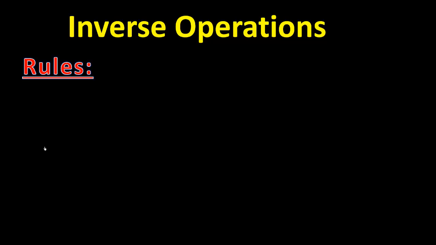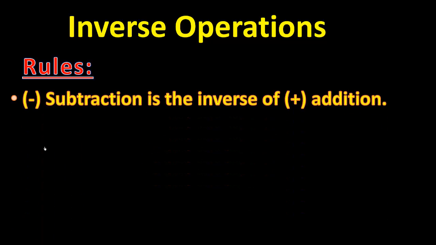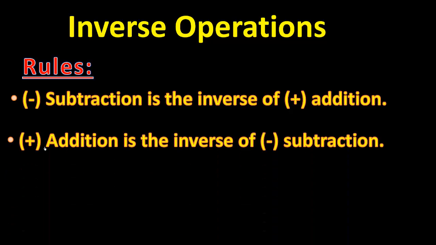Now, you might be thinking, what the heck is this inverse operations? Why do we use it? We use them to undo any operation which comes in useful. So I'll tell you a few rules of inverse operations. Subtraction is the inverse operation of addition. Addition is the inverse operation of subtraction.